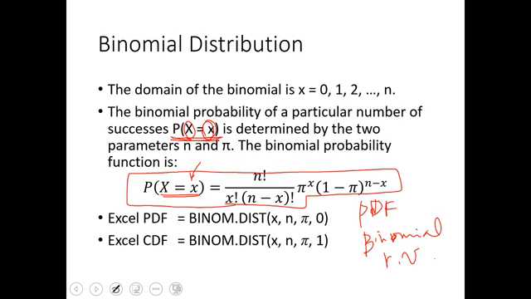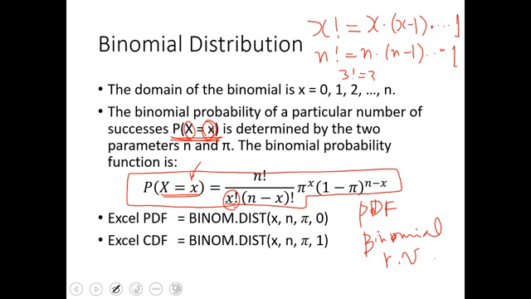Here x factorial means x times x minus 1 times and so on down to 1. n factorial means n times n minus 1 and so on down to 1. For example, 3 factorial means 3 times 2 times 1, and 0 factorial is always 1. It is a mathematical definition.